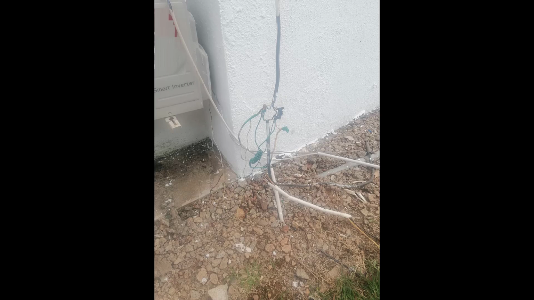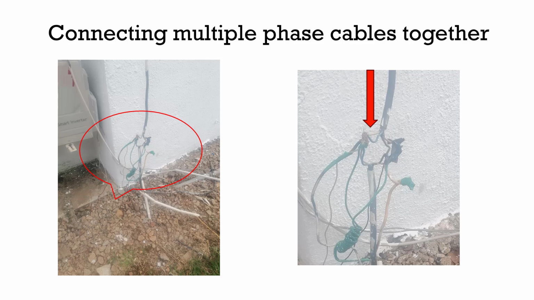If you look closely at this image, you can see yellow, blue, brown, and black. That's the cable coming from up to down, that black cable coming down. You see that the blue and the yellow have been connected together. So my suspicion was that two phases had been connected together from this cable to supply all the other buildings where we were discovering faults.